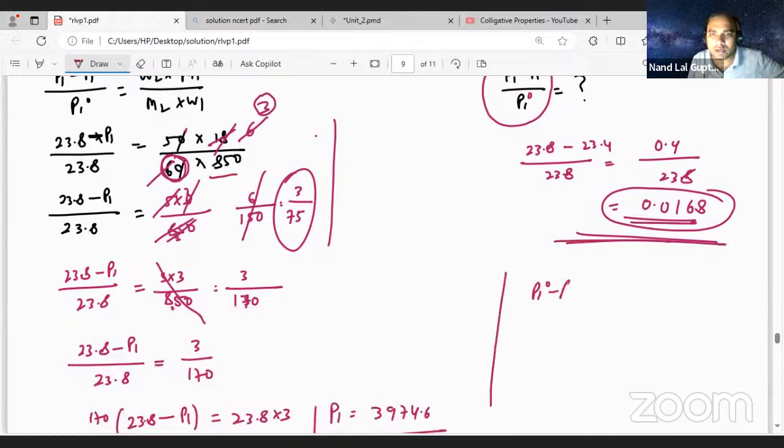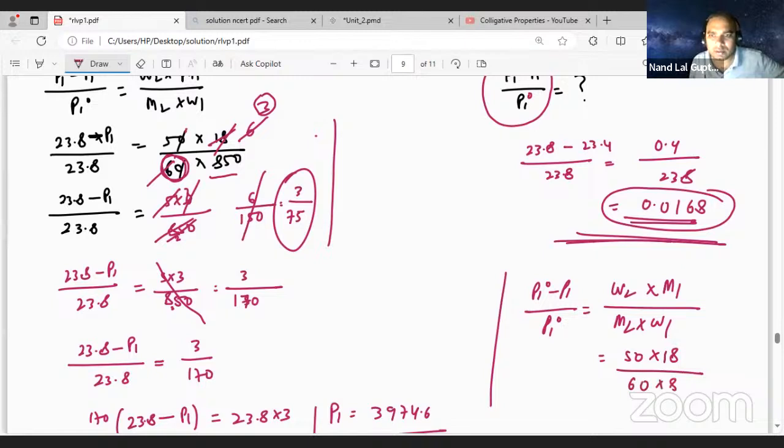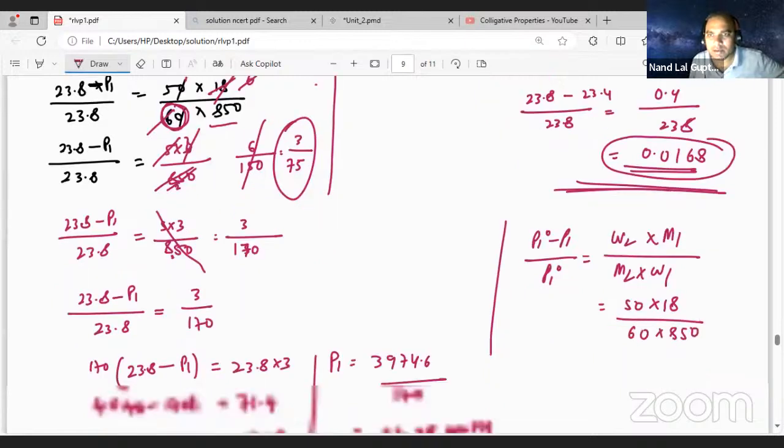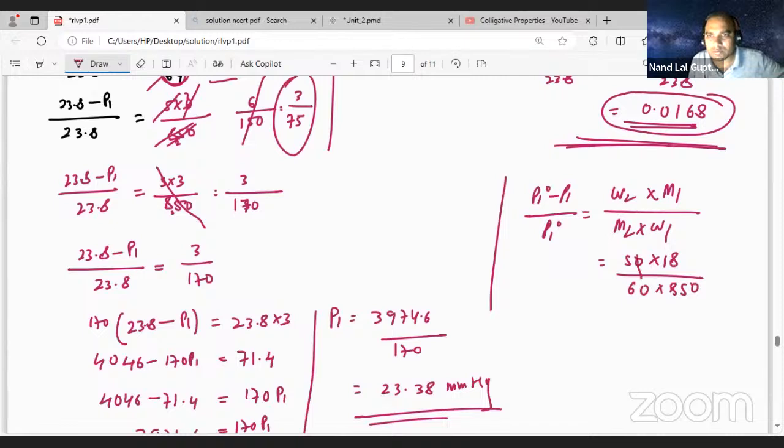P1 naught minus P1 upon P1 naught is equal to W2 into M1 divided by M2 into W1. W2 they have given as 50, 18 divided by 60 into 850. So this would come the same, to cancel out.